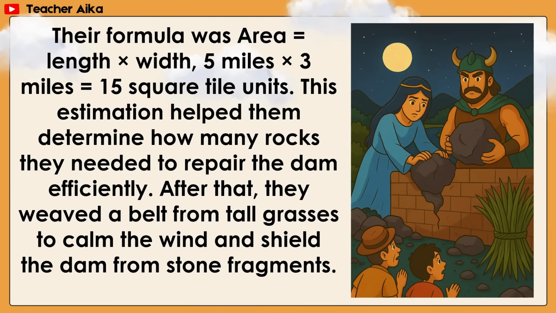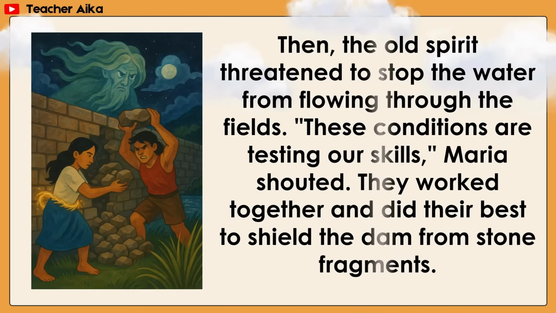After that, they weaved a belt from tall grasses to calm the wind and shield the dam from stone fragments. Then, the old spirit threatened to stop the water from flowing through the fields. "These conditions are testing our skills," Maria shouted.